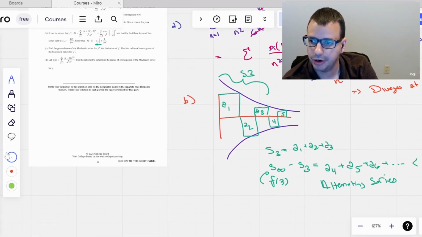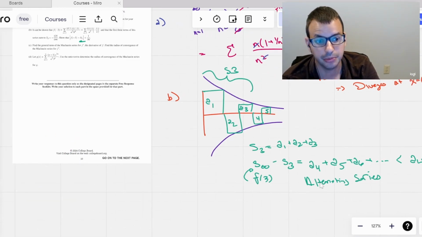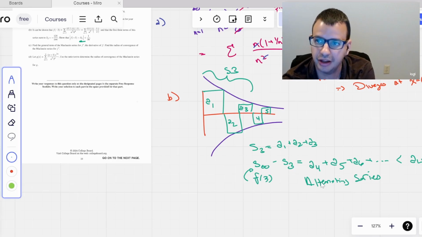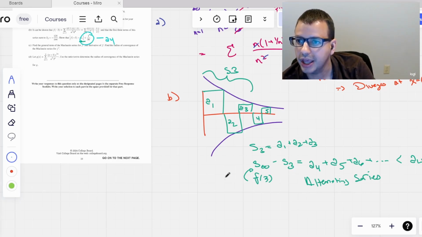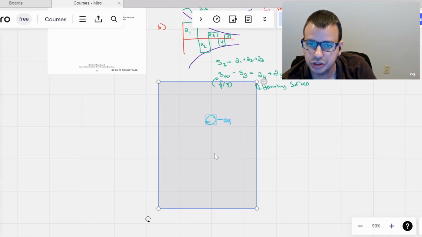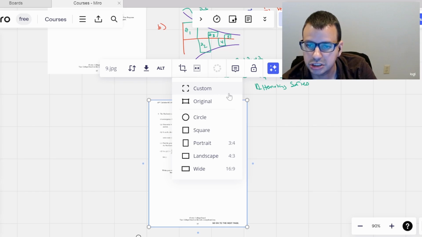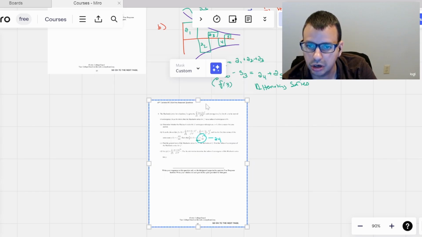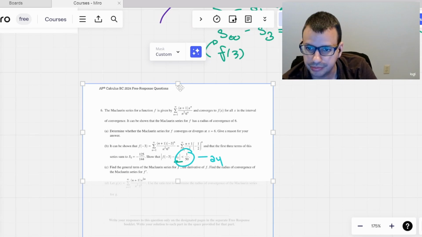I should probably think of a better way of explaining it. Alright, and if I ever teach this, I probably will, but I have not yet. So basically, our goal here is to find, what they're saying here is find A4. So A4, I'm going to copy and paste this, just so I have something to look at. We want to find the fourth term.